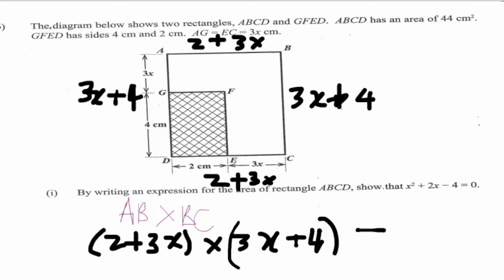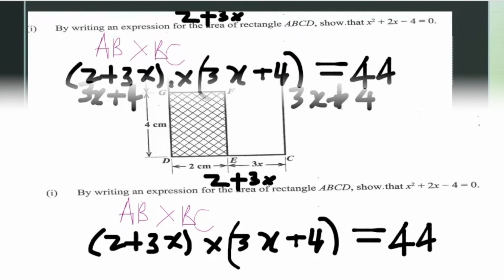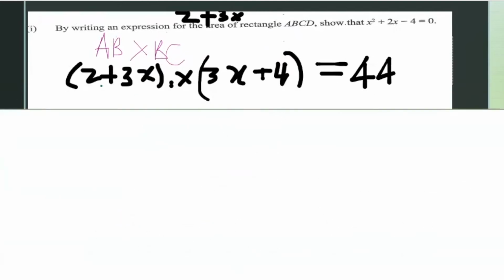And this must be equal to the area, which is 44 centimeters squared. I am going to expand this. So I will multiply 2 times 3x. That will give me 6x. And 2 times 4, that gives me 8.